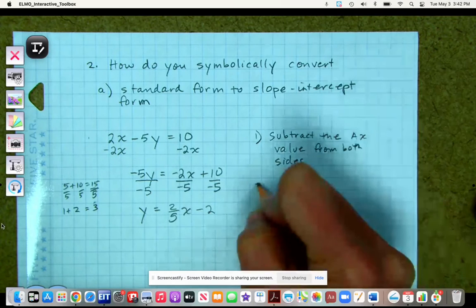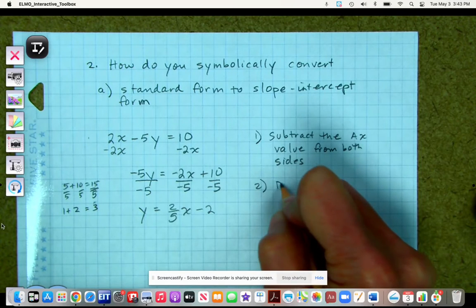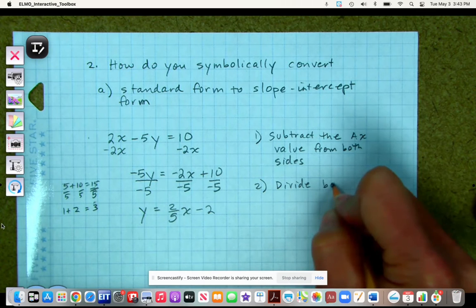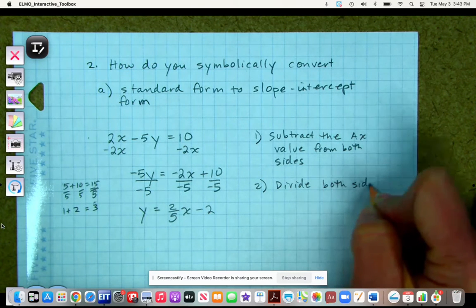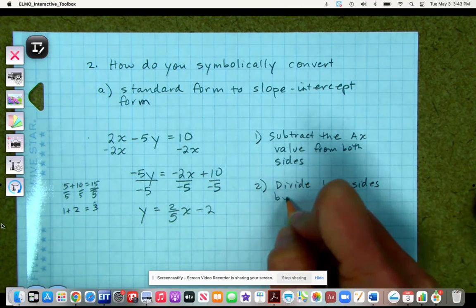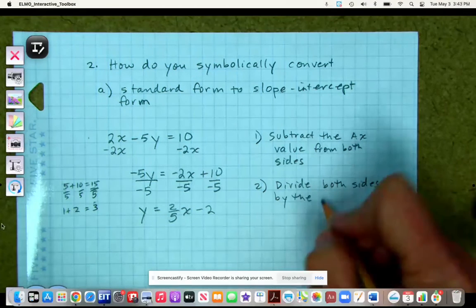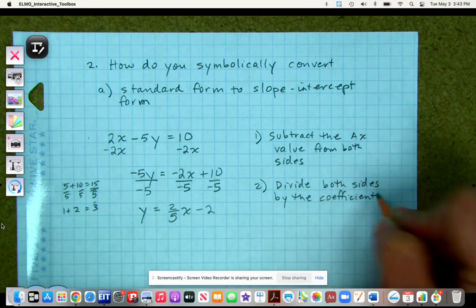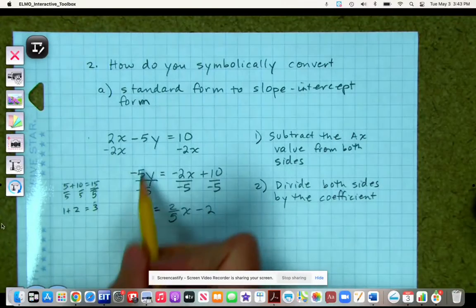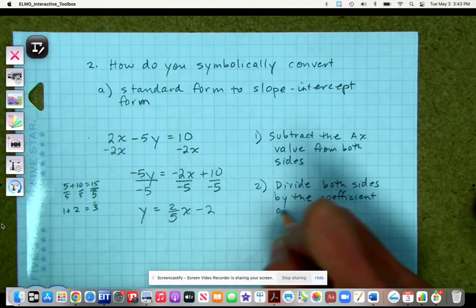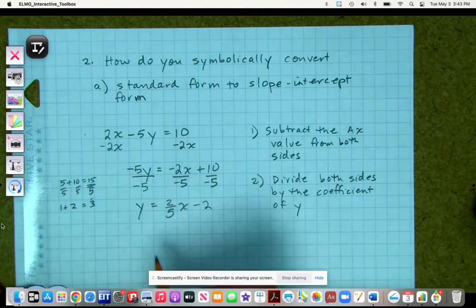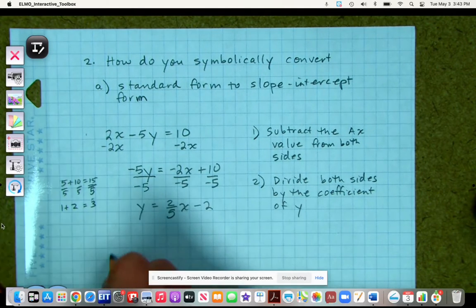Okay, and then after you do that, you're going to divide both sides by the coefficient. And that's just the number that's being multiplied by y, so the coefficient of y. Okay, just the number in front of y. All right, so that's how we go from standard form to slope-intercept form.